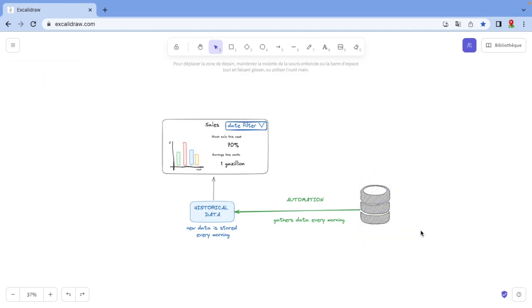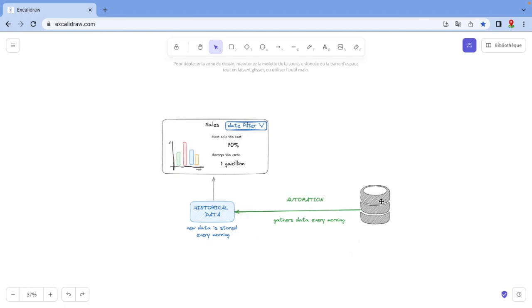that data source that we talked about, and we have the feature of automation that was mentioned, and it gathers the data every morning. But in this scenario, we have the historical data being stored every morning. So let's say 8 a.m. The automation is triggered.